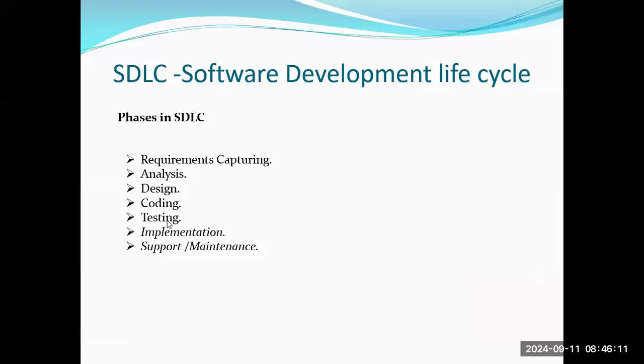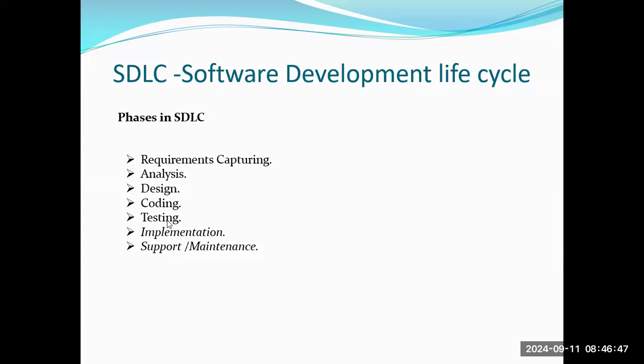Understanding, right? So don't break this cycle. Some people define SDLC as testing, coding, implementation, support, requirements, analysis. That is wrong. You should not break this cycle; it should be in a particular order. When the project starts, the first phase is requirements. Without requirements, we cannot do analysis. Without analysis, we cannot go for design. Without design, we cannot go for coding. Without coding, we cannot go for testing. Without testing, we cannot go for implementation.